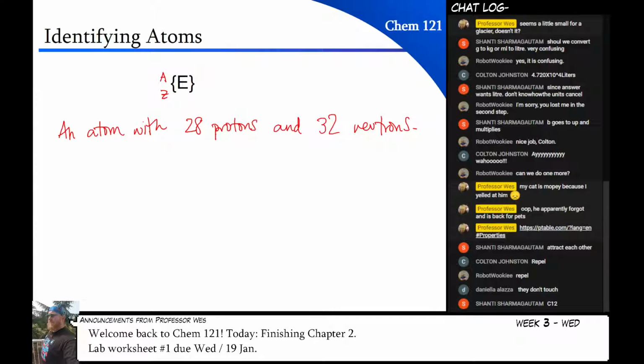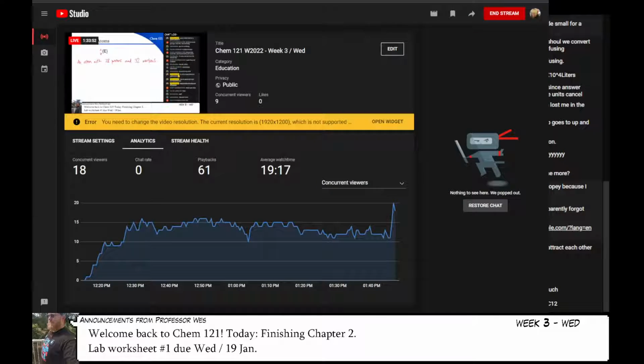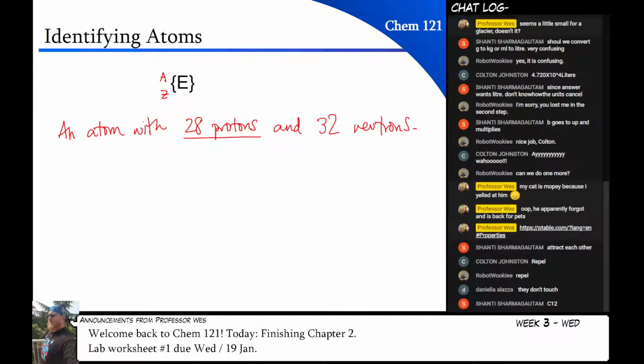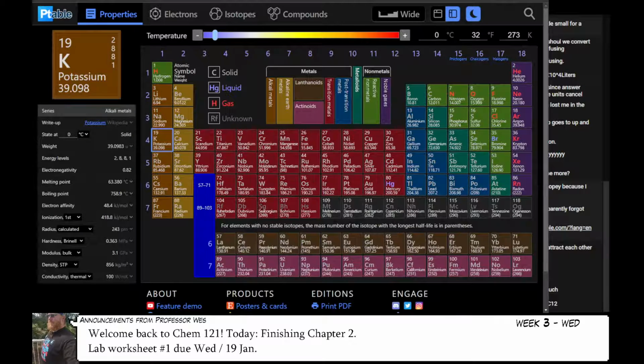All right, hopefully you've had a second to write something down and think about that. So first what we need to do is look up which atom has 28 protons on the periodic table. So if we go over here, oops, that's the wrong window. That is the YouTube stats. There we go. And we find element 28, we would find nickel.